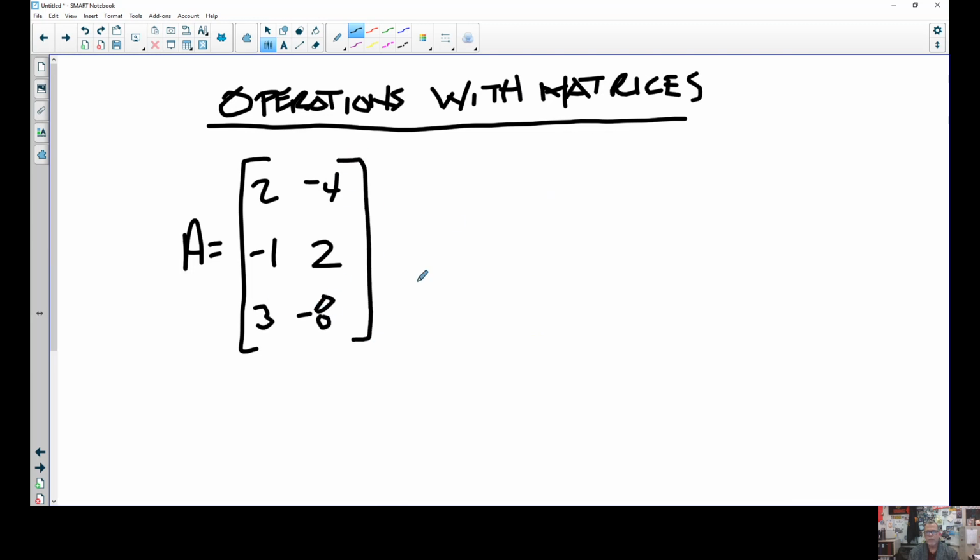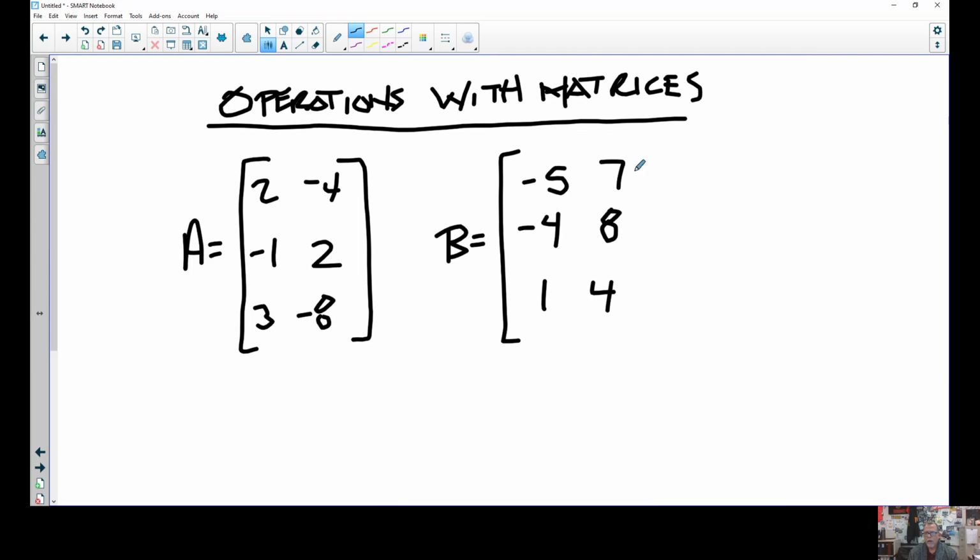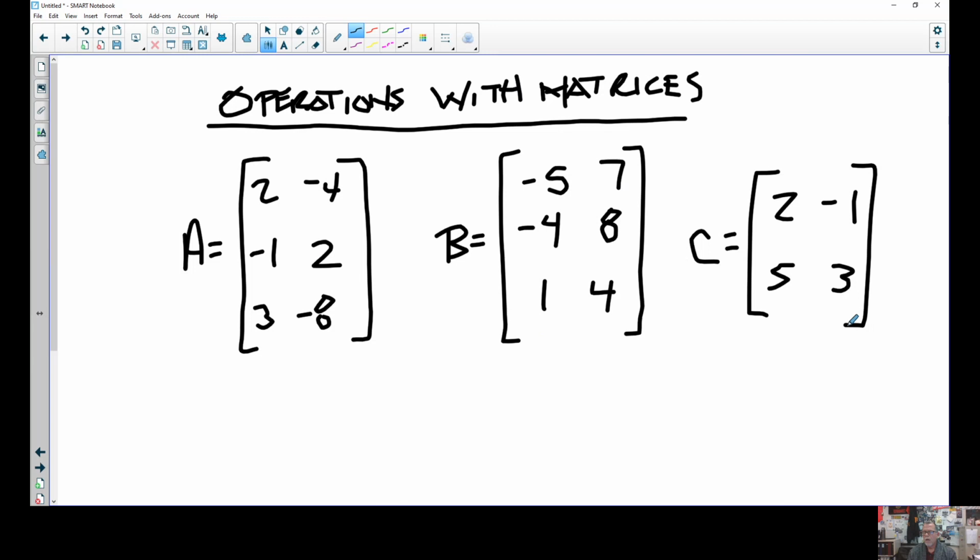So we have this matrix A, and we've got a matrix B. Matrix B is negative 5 and 7, negative 4 and 8, 1 and 4. And we'll even have a third matrix here. That one is 2, negative 1, 5, 3. So we have these three matrices.